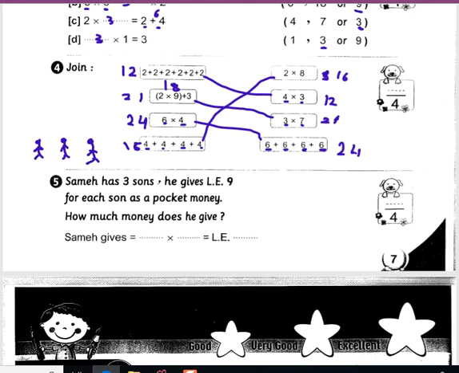He gives each one 9 pounds. First, second, third. So we can say 9 plus 9 plus 9, or we can say 3 times 9. 3 times 9 equals, take your time, 3 times 9 equals 27.